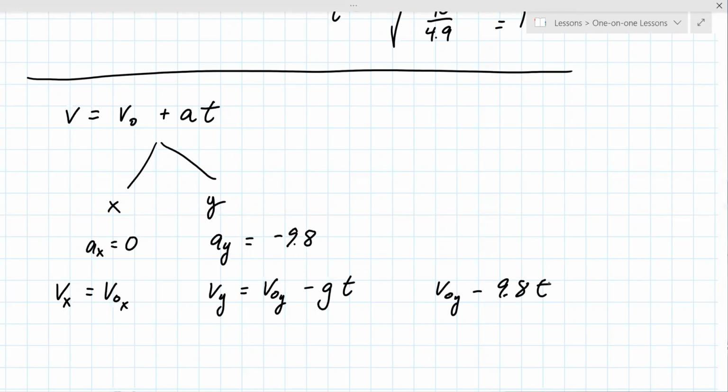So what I'm saying is consistent with that, but you have to make this commitment early on. Do you want to write it as plus gt and then g is negative 9.8, or is g 9.8? I'm going to write it as minus gt, minus 9.8t. You have to decide that. I'm just trying to give you the information here. This is the way we're going to go here.